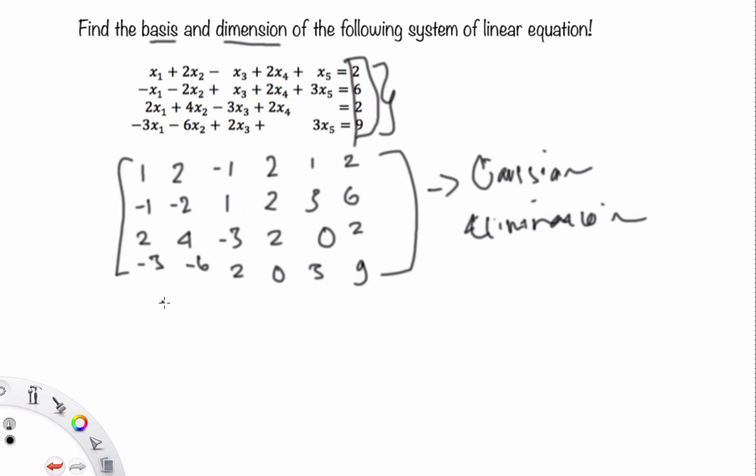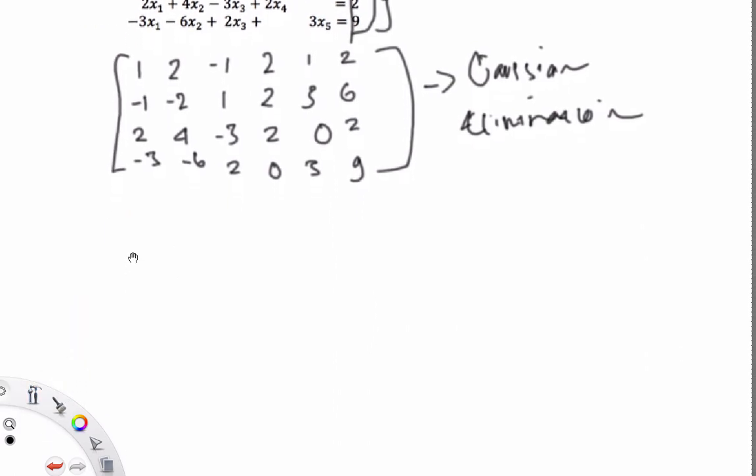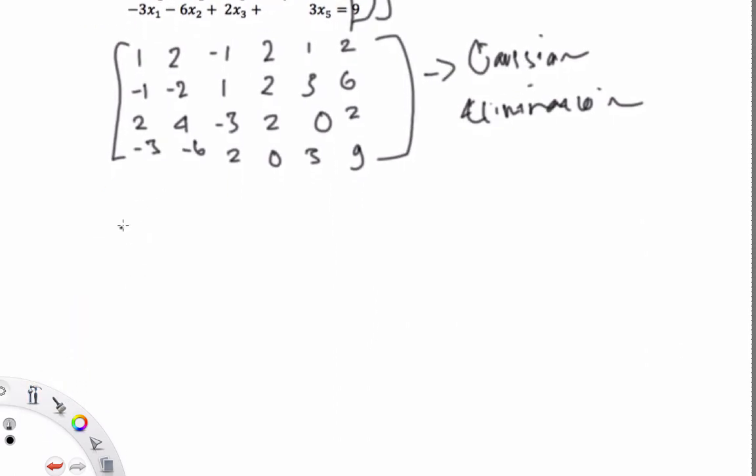So after we operate the Gaussian elimination, we will get this. If you're still confused about how to operate using Gaussian elimination, please check my previous video. I have explained how to operate using Gaussian elimination for a system of linear equations.